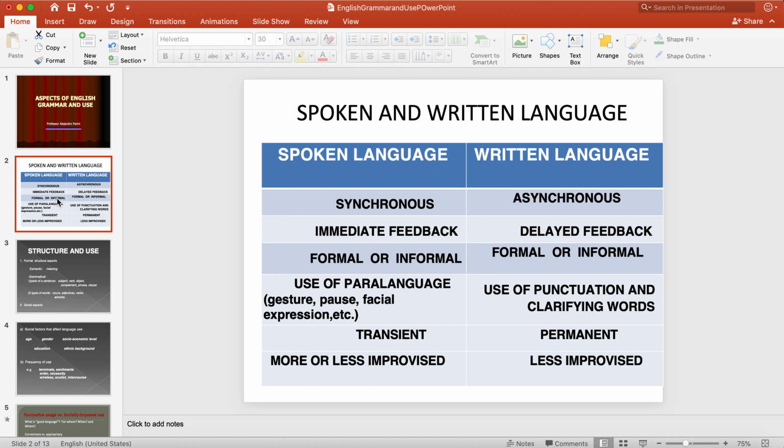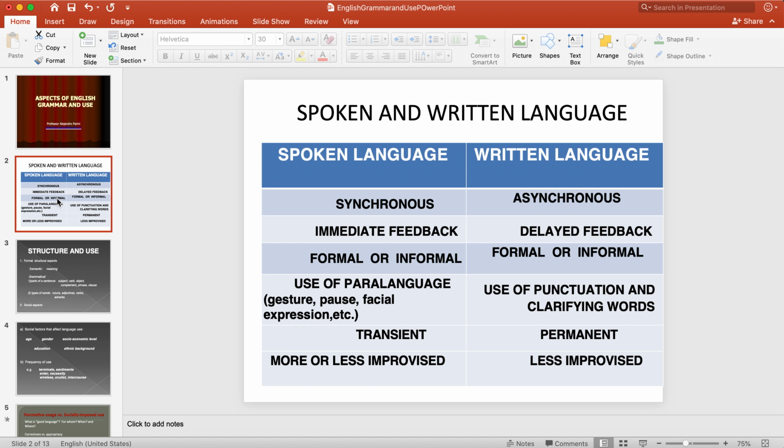As you can see, in terms of formality, we can have spoken language that is formal or informal, and written language that is formal or informal. So if you think of a presidential speech, which is spoken but has been prepared, perhaps someone wrote down the speech and the president delivers it, that's going to be more formal.